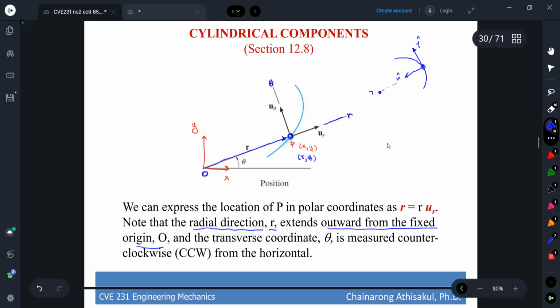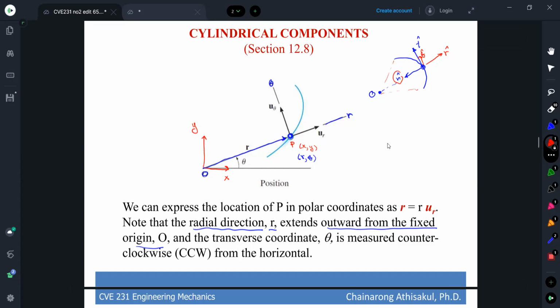But if we compare with r, theta, for the circular curve, r goes outward from the center of the curve, which is opposite to n, and theta goes in the same direction as t, compared with the normal and tangential coordinate system that we learned in the previous video.